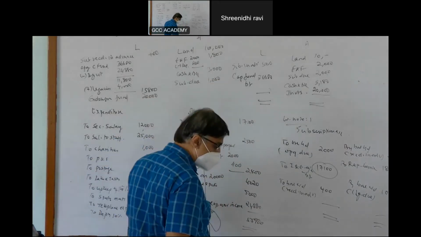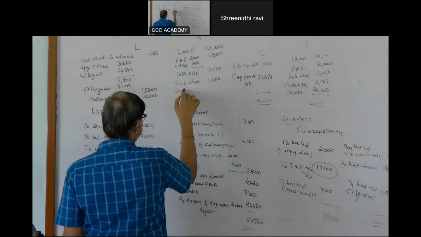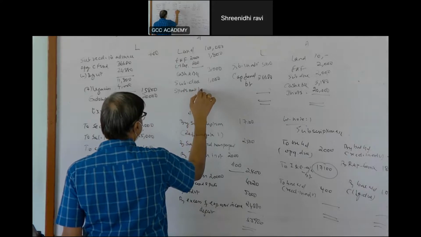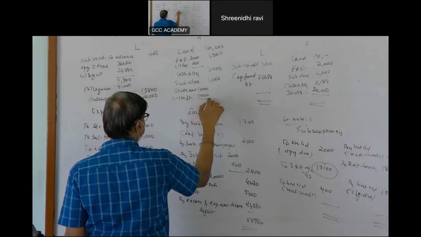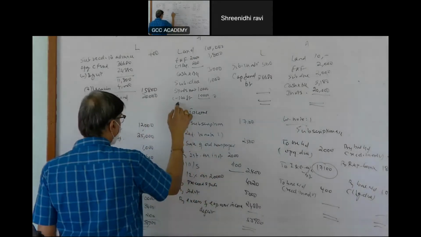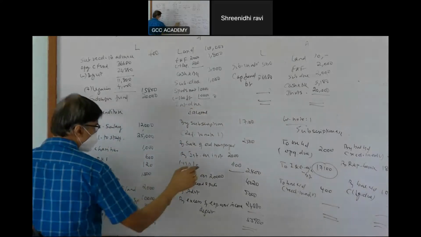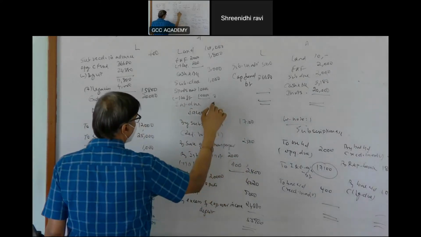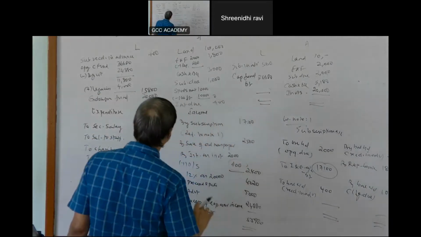So land is put, furniture is put, sports material we just showed here as written off. 10,000 plus written off, so balance nil. Interest due, how much interest receivable have we accrued? 400. Cash in hand and bank are put.